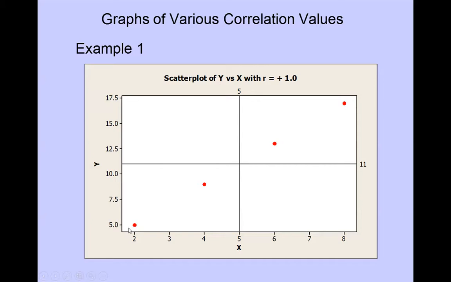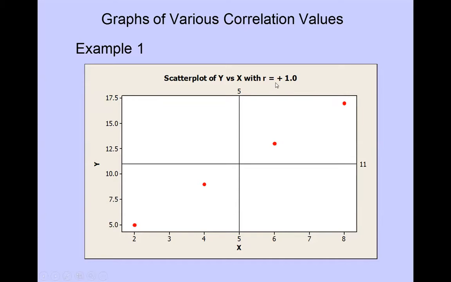So these points actually, if you put a ruler down, would be exactly on a straight line, and you can see that r is positive 1 in this case. Notice if we draw crosshairs, these are x bar and y bar values that give us the horizontal and vertical lines to make the 4 quadrants or the 4 regions of the graph.